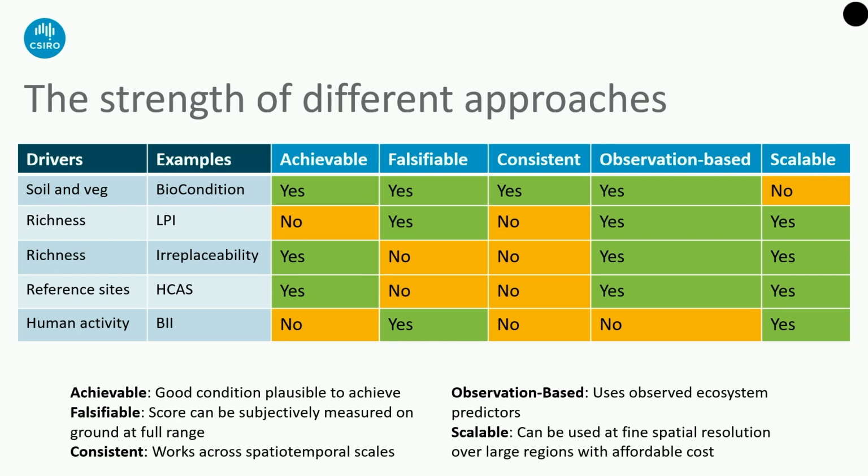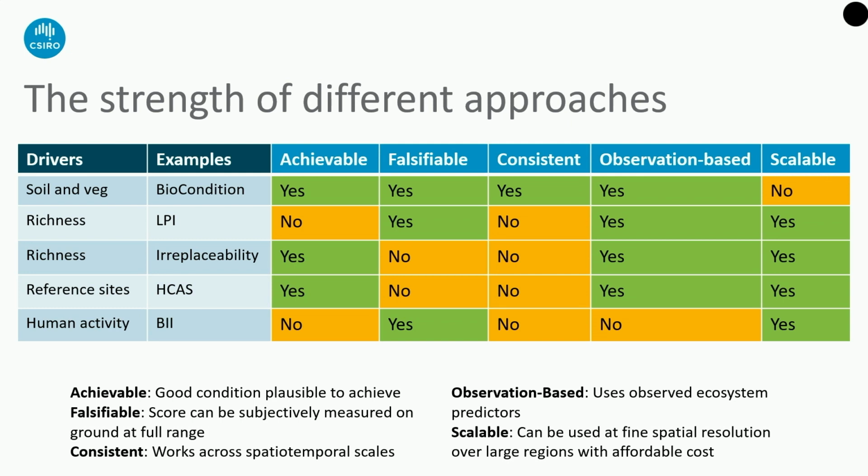I generally look for 5 categories. First is whether the good condition is achievable. Second, whether we can assess the predicted score with actual observation. Third is whether this assessment framework will work on different spatial and temporal scales.